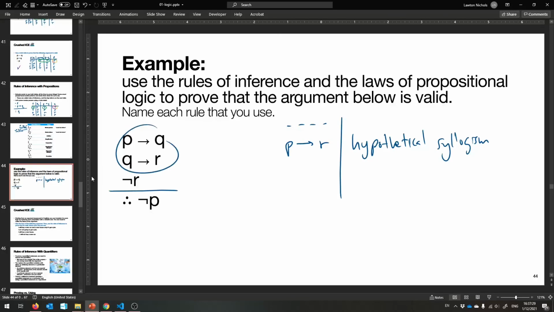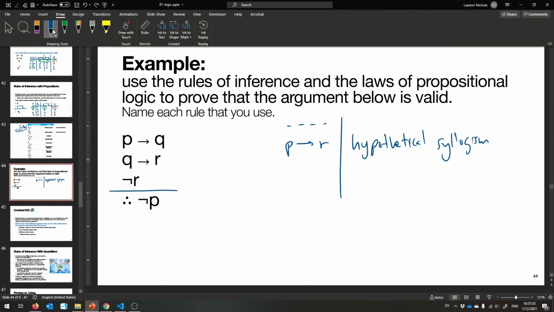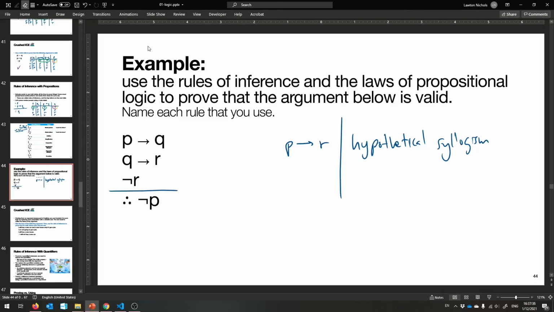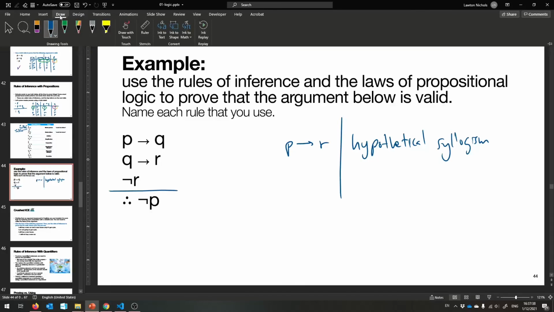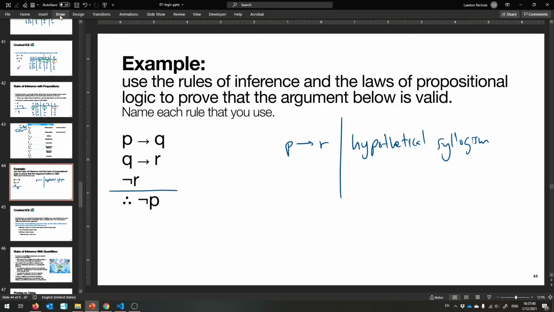Because I know I get to assume these things. Usually, if you want to be real fancy, you put your hypotheses that you're using to prove these things up above. Like, okay, I'm using this. It's a hypothesis by assumption. That's one way to say it.